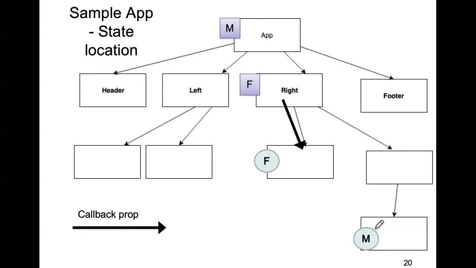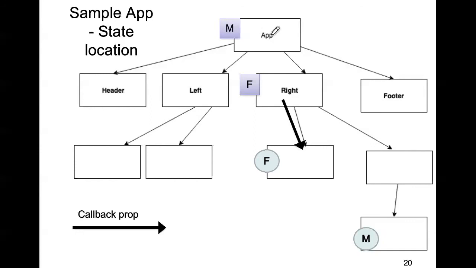Now, the other example that I'm going to look at is more extreme. So this is the component down here that handles the event associated with the user selecting one of the movies in the list. But this component needs to know about the change in the movie selection.